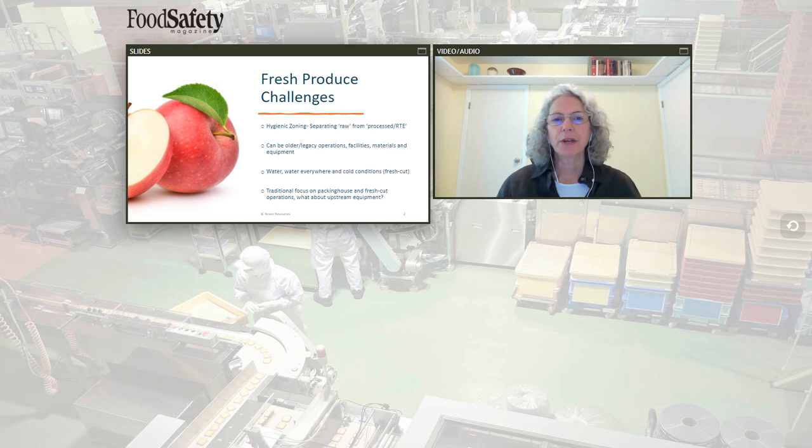Another area is around older legacy equipment. Some of the operations out there have been around for a while. Some of them have older equipment, not necessarily built with sanitary design principles in mind. So that makes it more challenging from, again, both a control perspective and also with respect to EMPs and where to swab. Fresh produce operations also involve a lot of water.